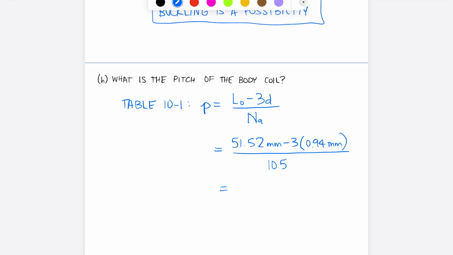So 51.52 minus 3 times 0.94, and then divided by 10.5. My pitch is 4.64 millimeters. And remember, pitch is the axial distance between coils. So roughly what I've drawn there.